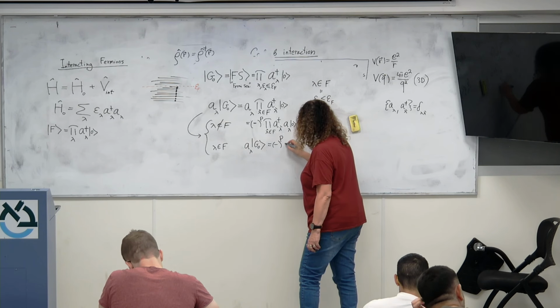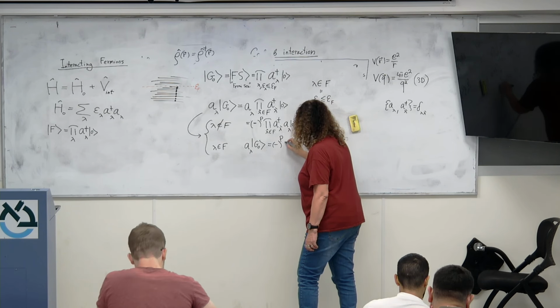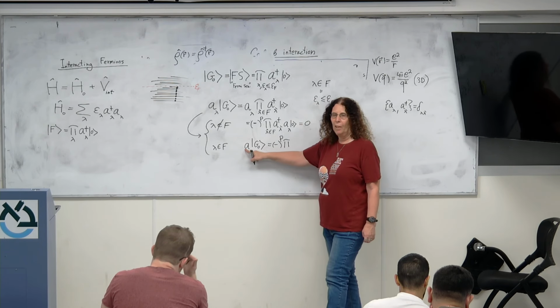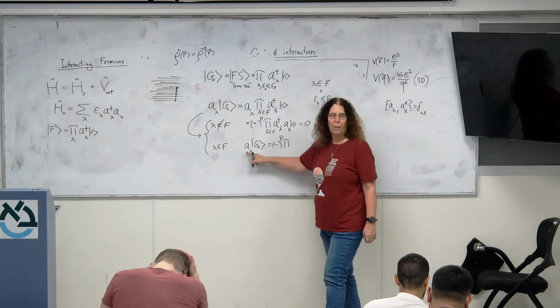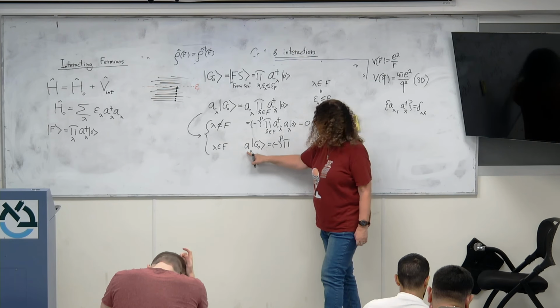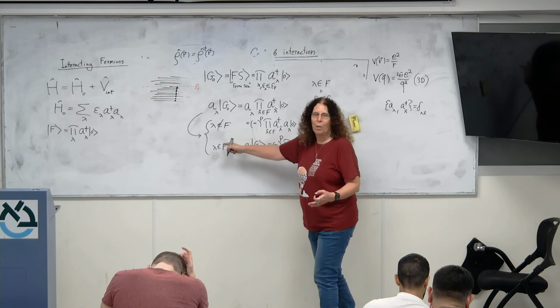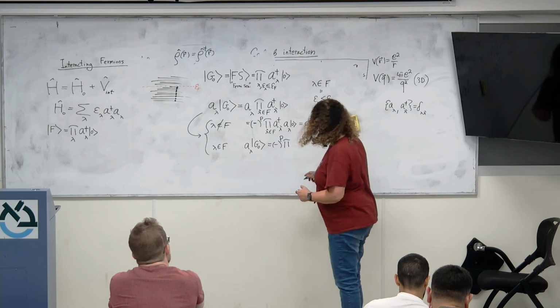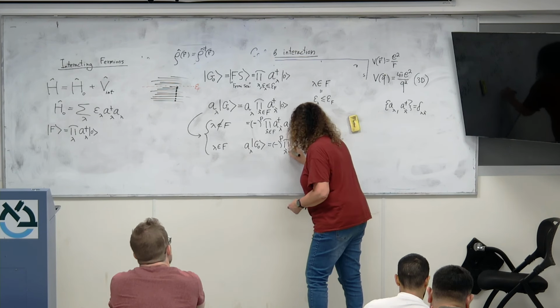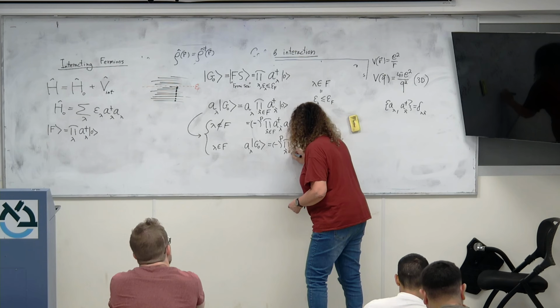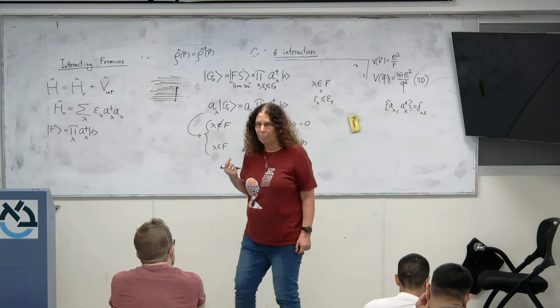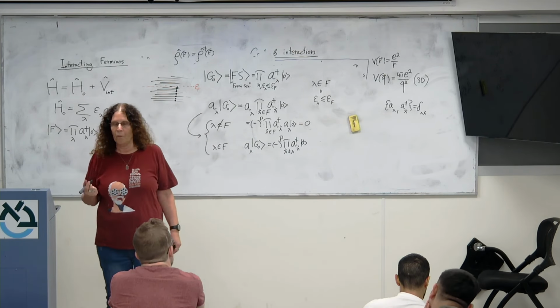What this will do is annihilate only the lambda prime that equals lambda, because if it's inside F, there is a lambda prime that equals lambda. It will annihilate this guy, and you are going to remain with the product of all the lambda primes different from lambda. This is some new state. It has one less particle, but it's not 0.